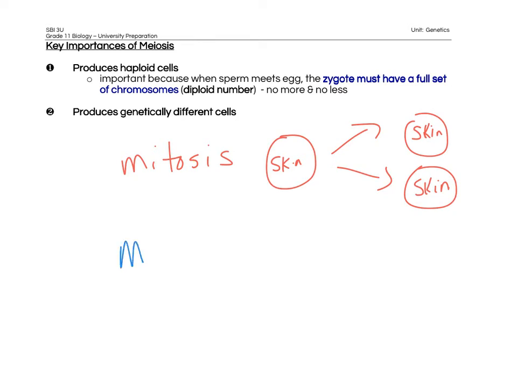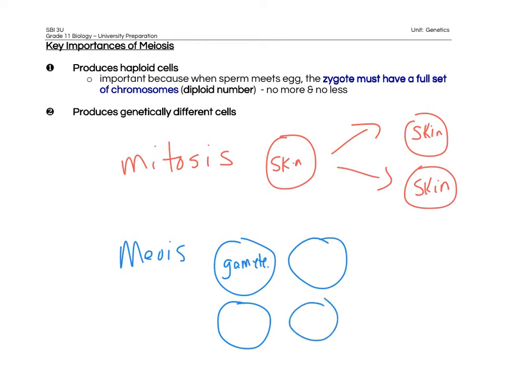Whereas if you have meiosis, one of the goals is, for example, you'll have a gamete cell that's going to be produced that is different than the other three gametes that are also produced. And why is that?